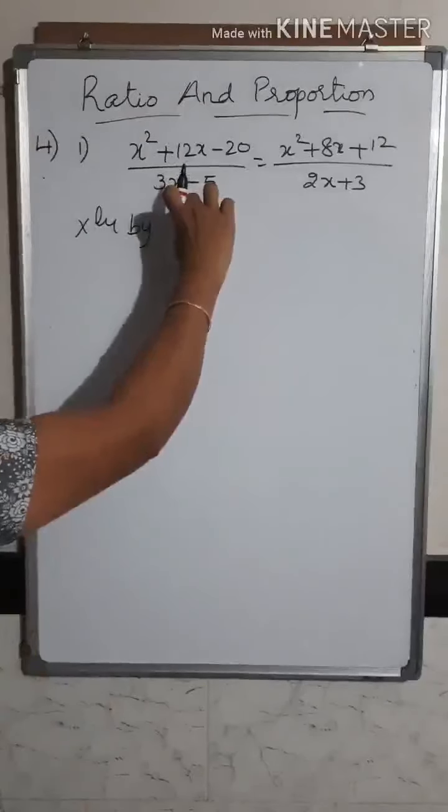Now 12x, 20 and 20 get cancelled. This also gets cancelled. So what you are left with in the numerator is x square upon 12x minus 20 here. On the other side you have got x square upon 8x plus 12. Again you have got x square on both sides.